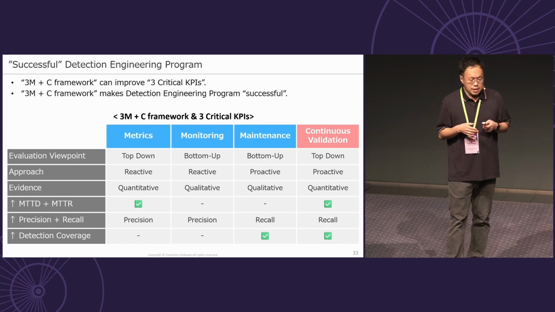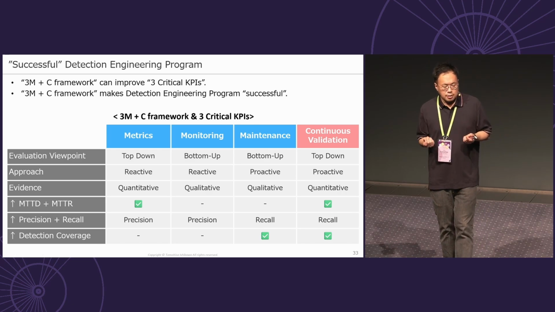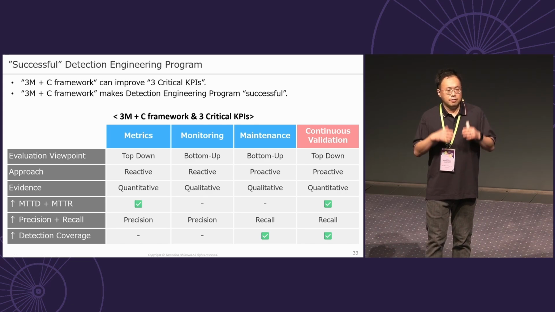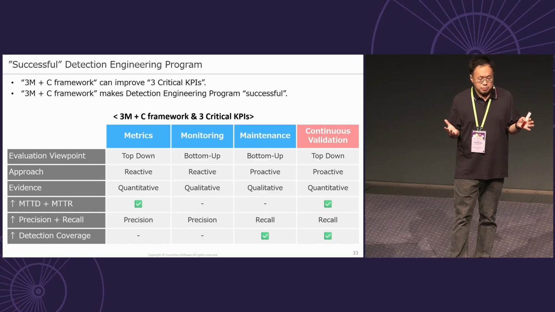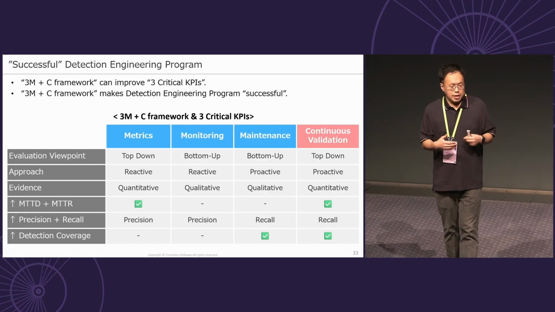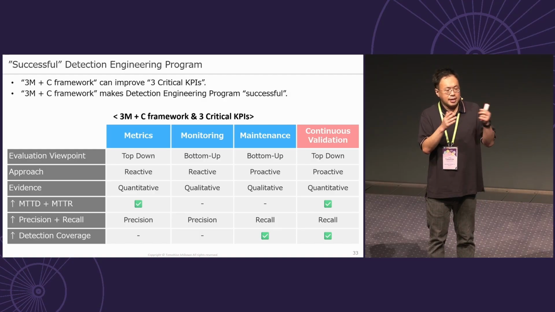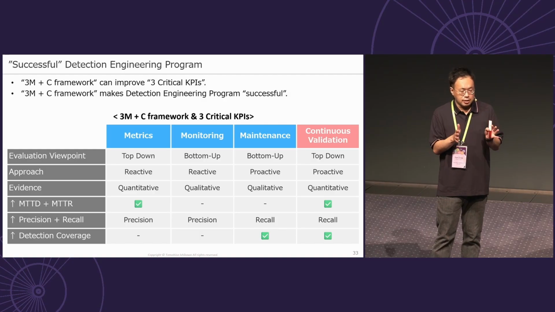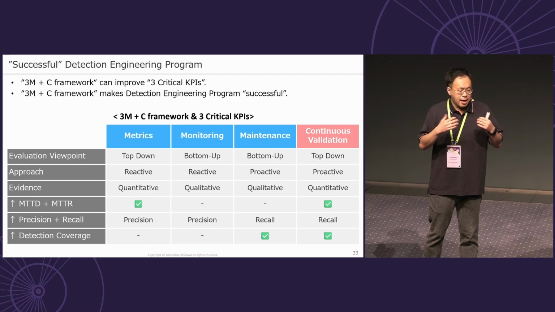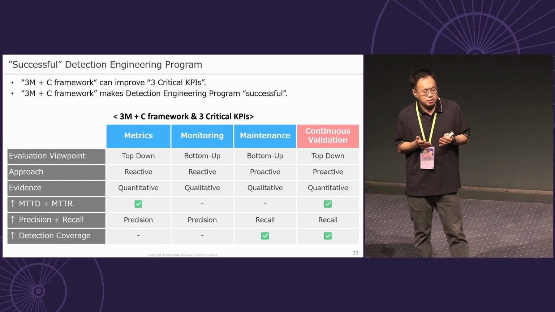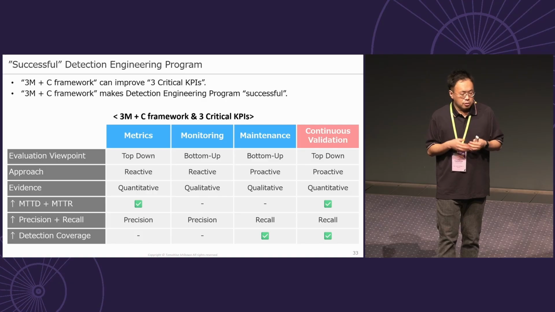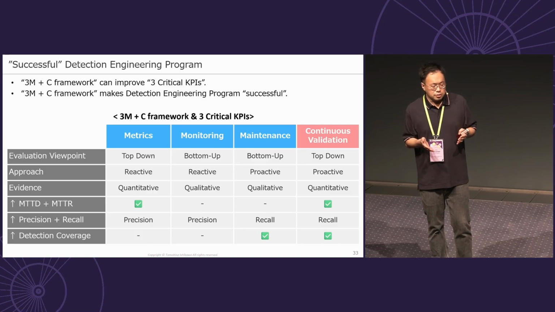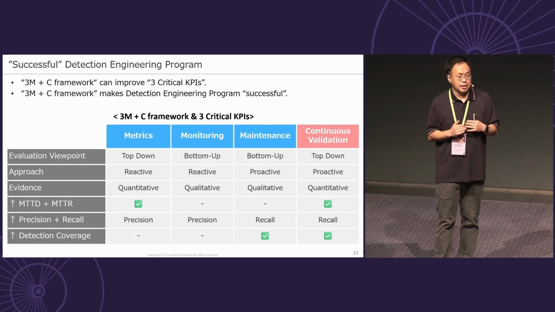For example, monitoring is basically examining the false positive alerts. This is a bottom-up approach, and the activity happens after getting the alert, which means it's reactive. From the evidence perspective, it's a much more qualitative approach. But it contributes to the precision improvement.